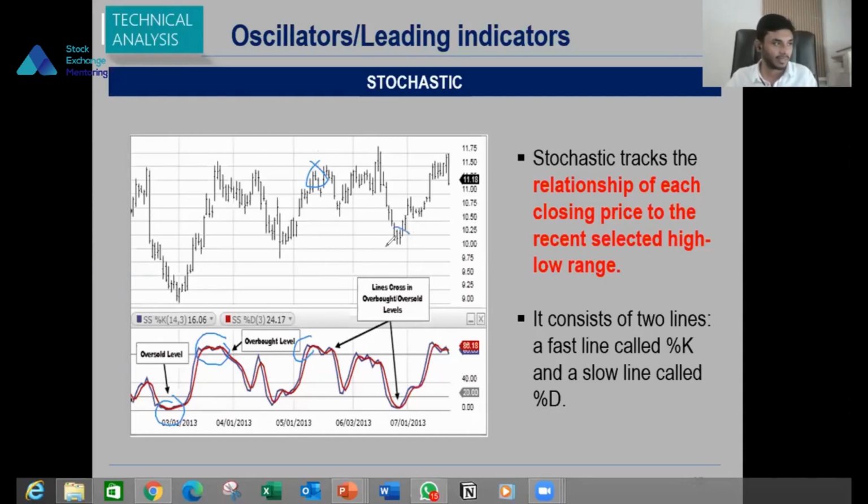When you identify the oversold levels, you can see the price reacting after that and going up. The stochastic has a %K and a %D line, whose description we will not cover today, but for the moment this will give you a basic idea of how the indicator works.